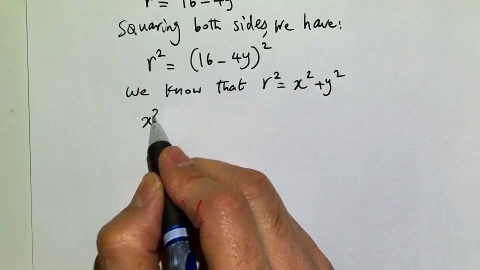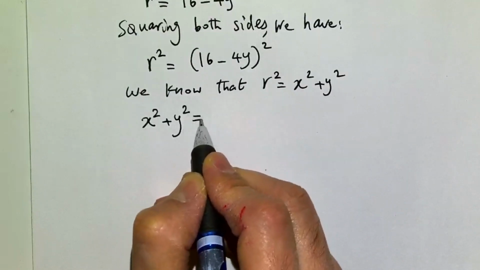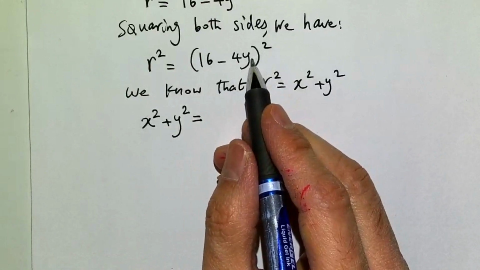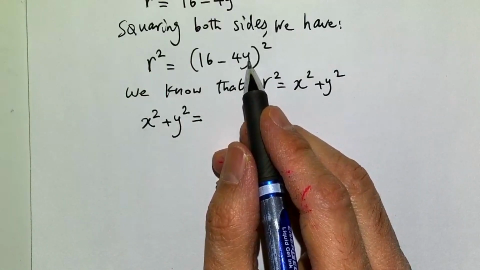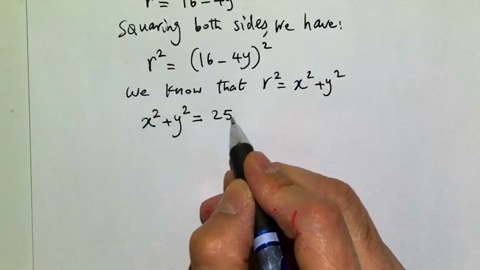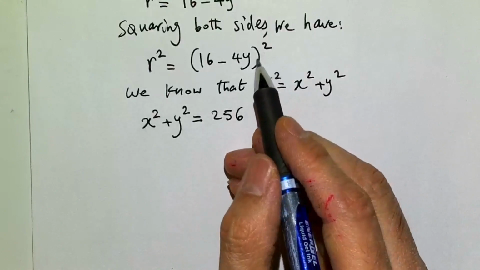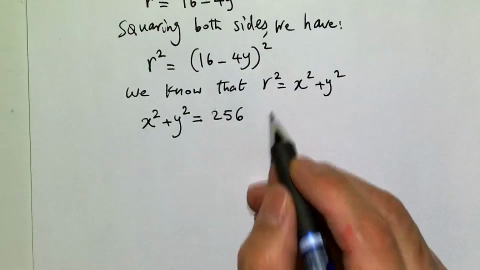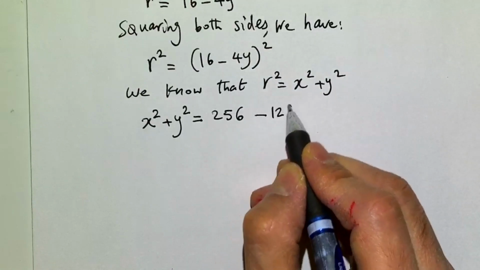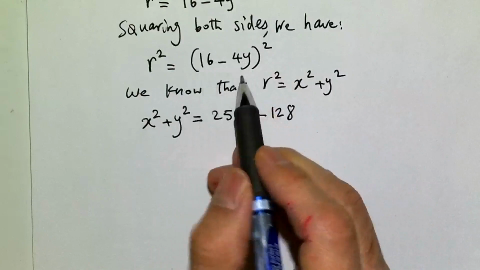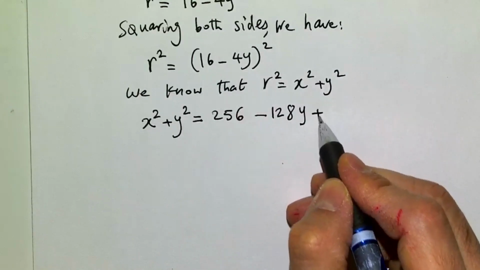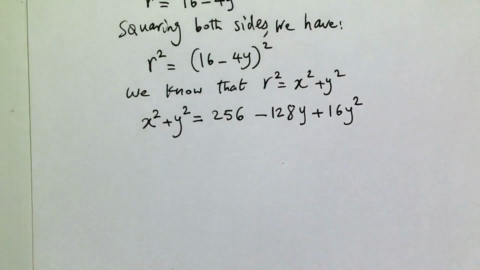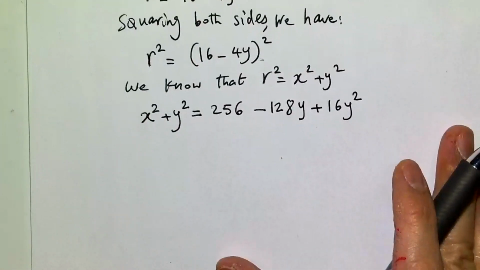So we get x squared plus y squared equals 16 squared is 256, I believe. 256. Then 2 times 16 times 4 is 128, and that's minus 128y, and then plus 16y squared. Okay, that's the expansion of the binomial on the right.